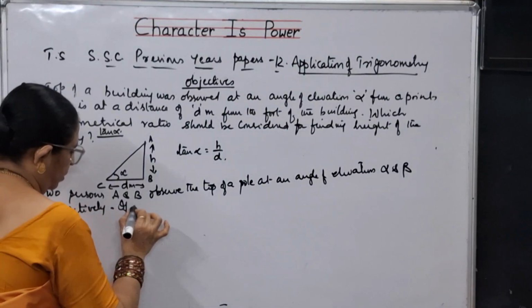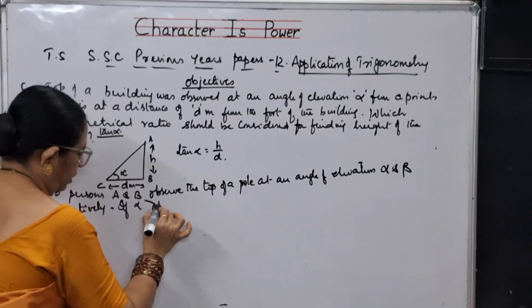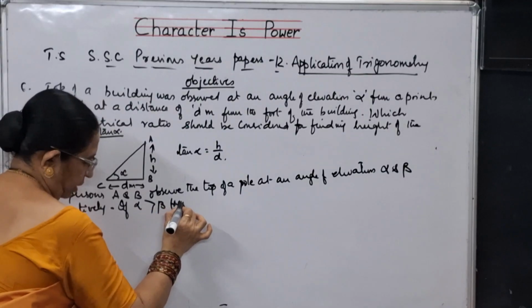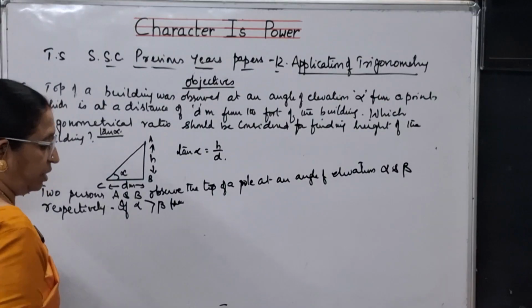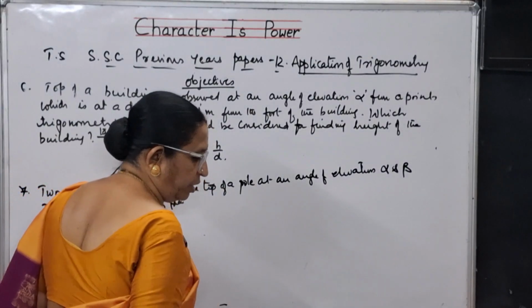If alpha is greater than beta, then who is nearer to the pole?